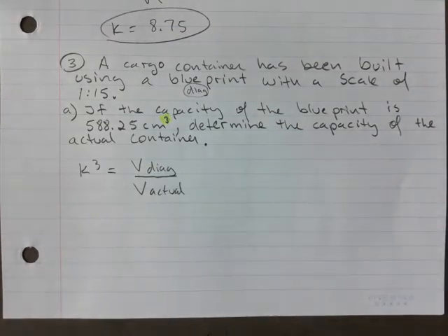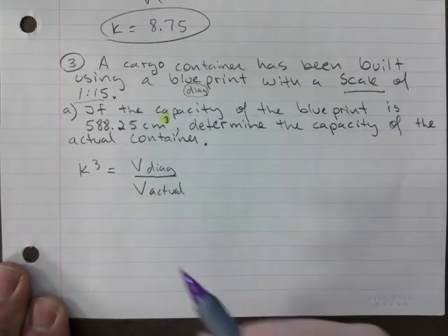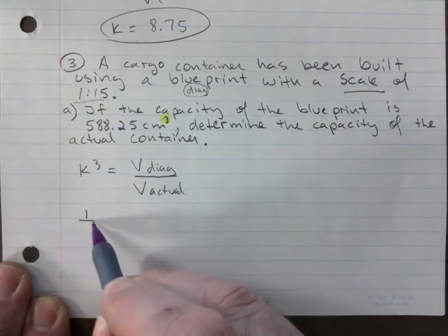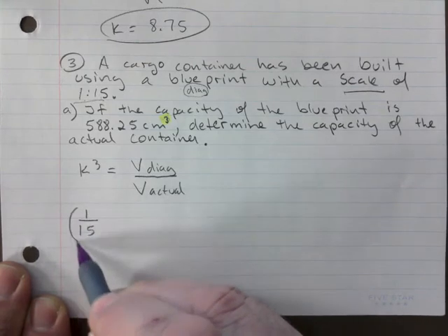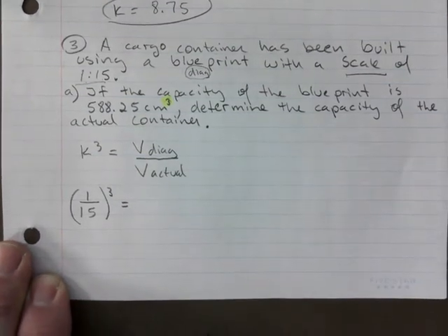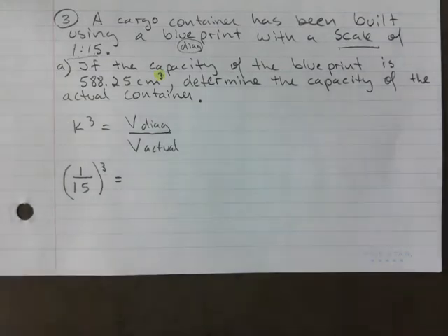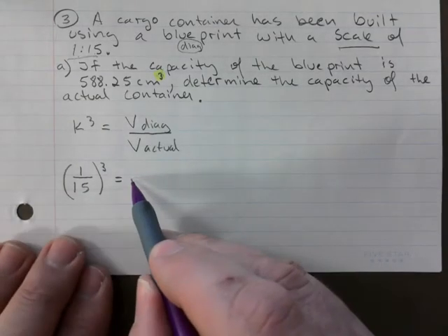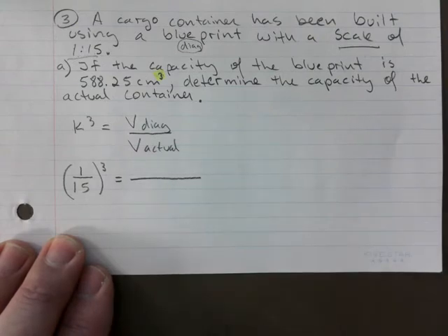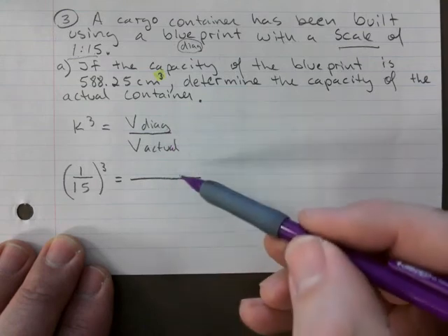And they gave me the scale, which can easily be turned into a scale factor, right? So the 1 over 15, just plug it in like this. Make sure you cube the whole thing. I know you've dealt with this in IPR, except we use a calculator to work with them here, so no big deal. In this case, you have to be very careful.